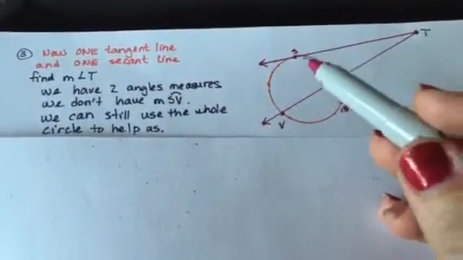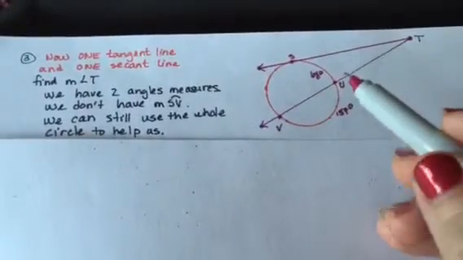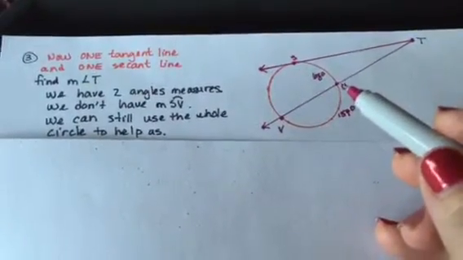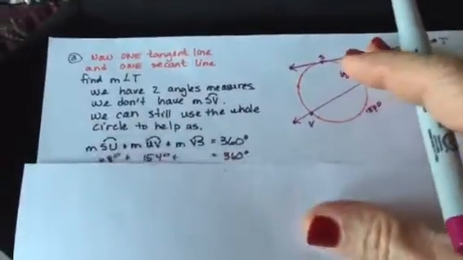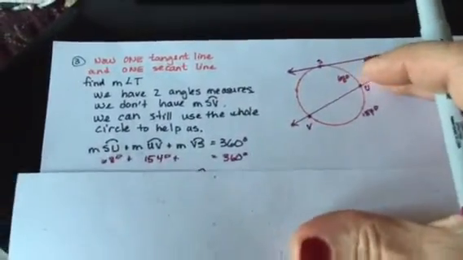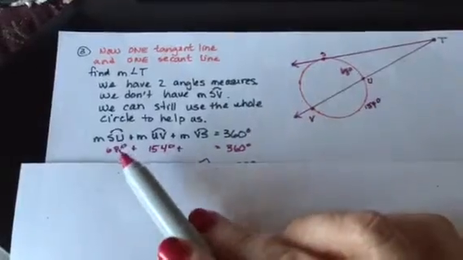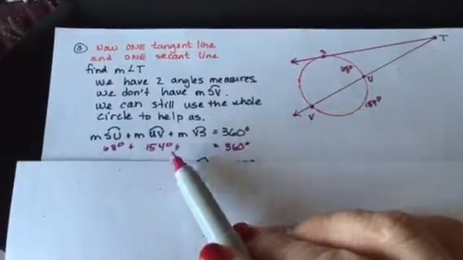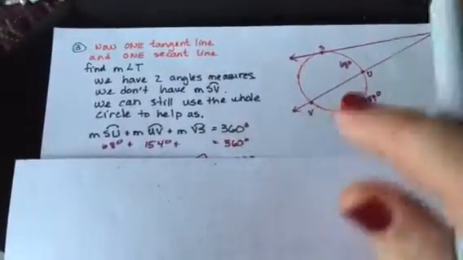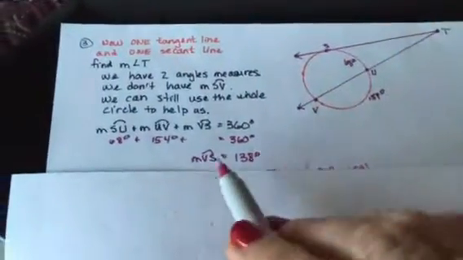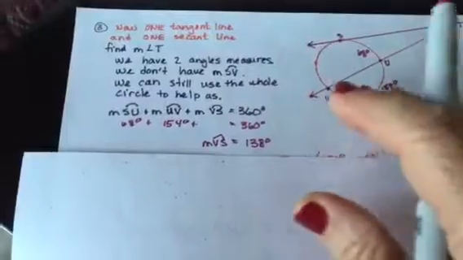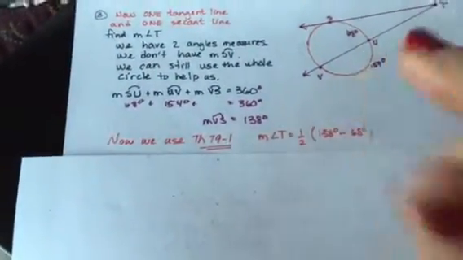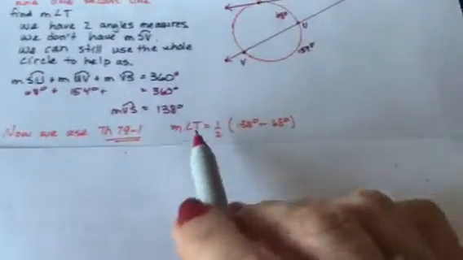So we know that the measure of arc SU, plus the measure of arc UV, plus the measure of arc VS equals 360 degrees. Let's plug in the ones that we know: 68 plus 154 plus the measure of VS equals 360. We solve for the measure of arc VS and get 138. Now we have all that we need for theorem 79-1.